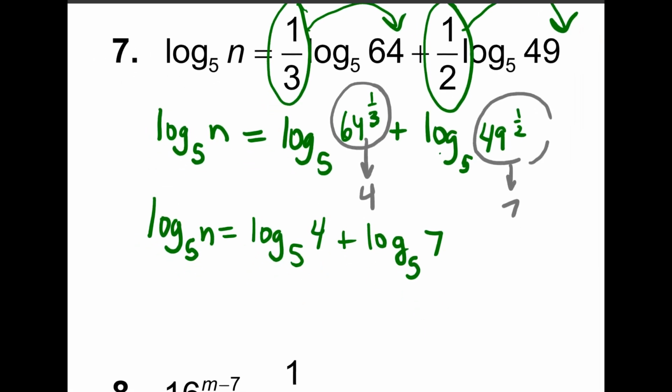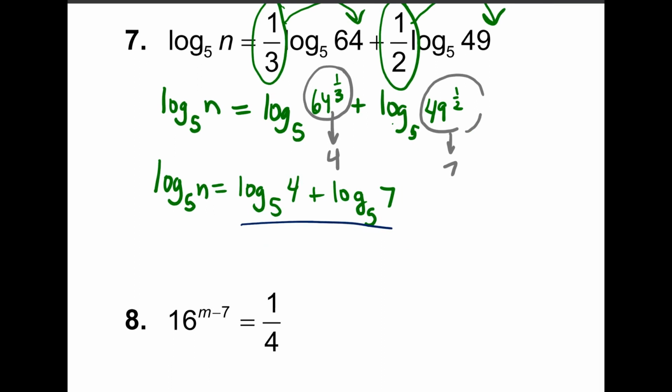Okay, so I want to use the little trick that we learned where if they have the same log base, on either side of the equal sign, I can set the insides equal. The issue I have is I have 2 logs on my right side. How can I combine these? How can I condense these? If I'm adding 2 logs together, the product property of logarithms, 7.4, says I can rewrite this as the multiplication of what's on the inside.